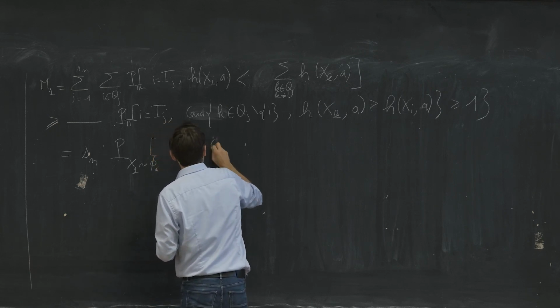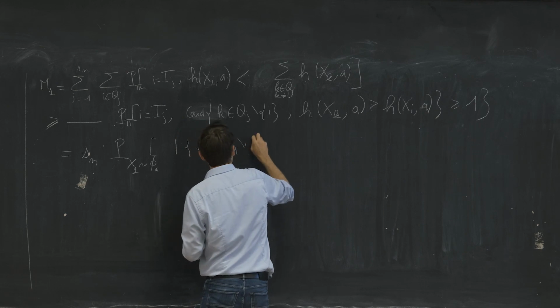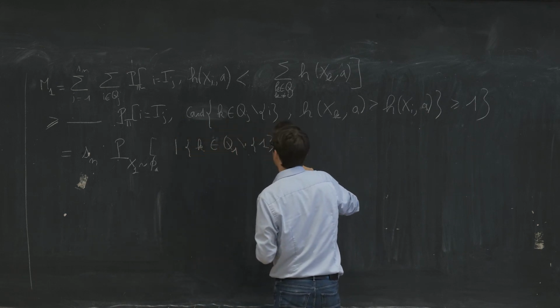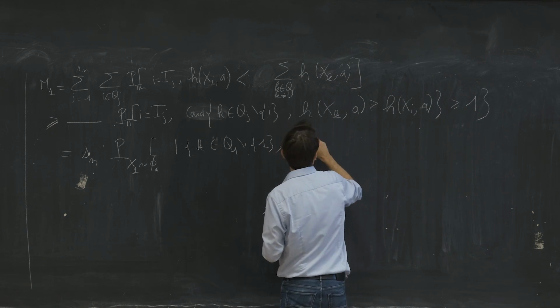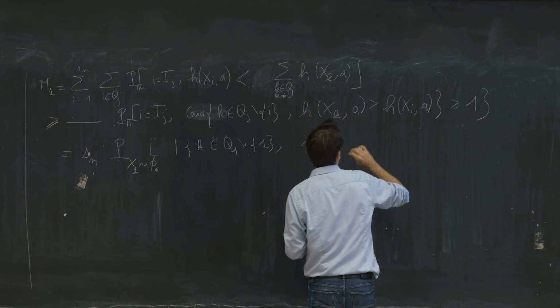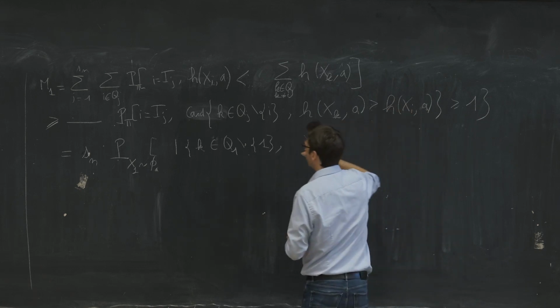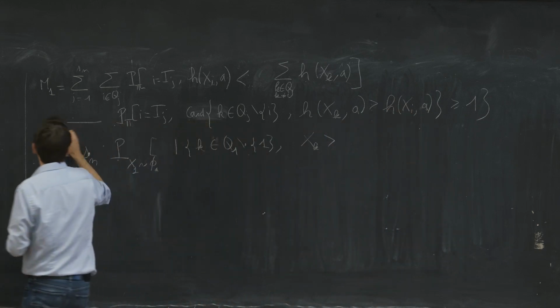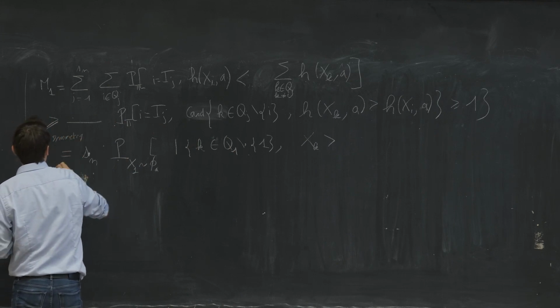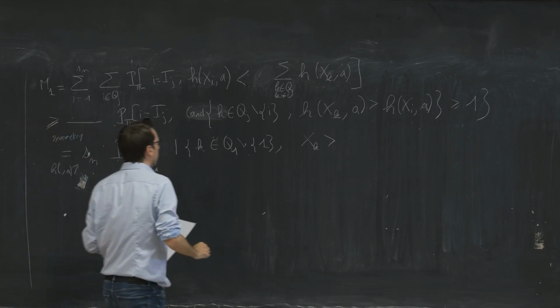So now look at the first block, and the number of other coordinates here, xk larger. Here I use symmetry and the fact that h of dot, a is increasing.